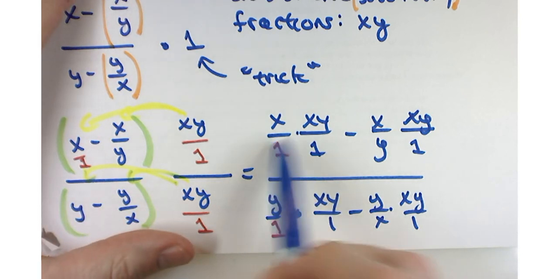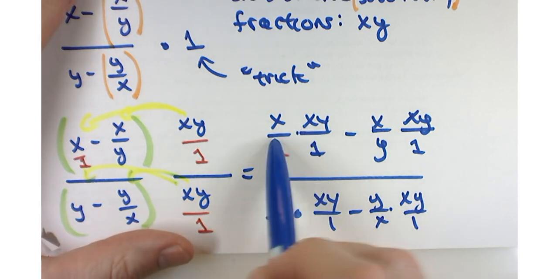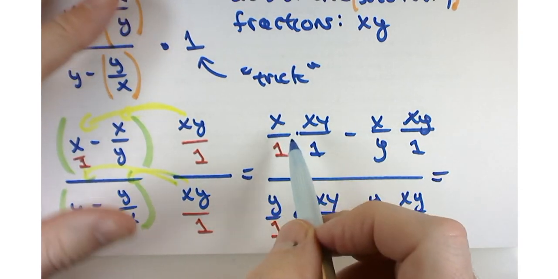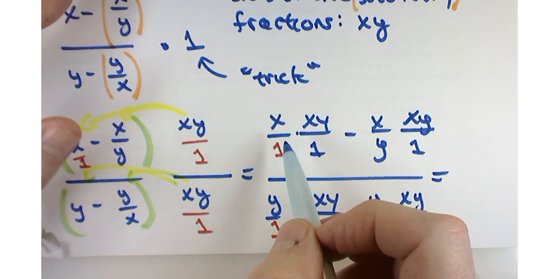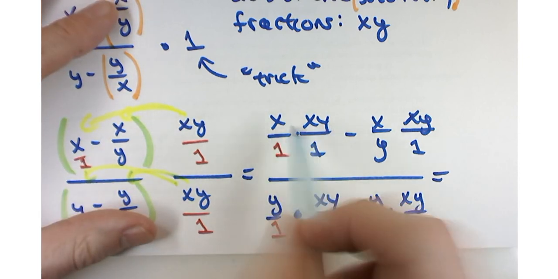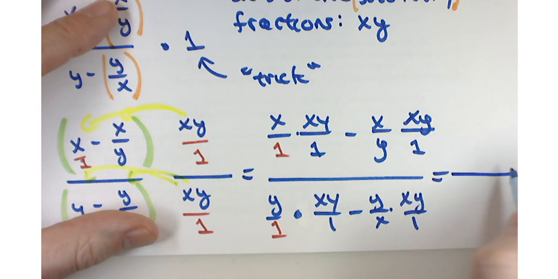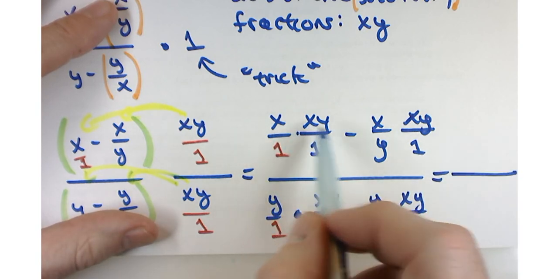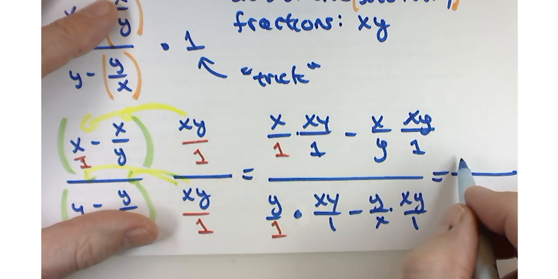When we multiply fractions, you multiply numerators, you multiply denominators. Kyle, what happens when I multiply the numerators here, please? What do I get? X times x times y. X squared. Did you say Kyle?